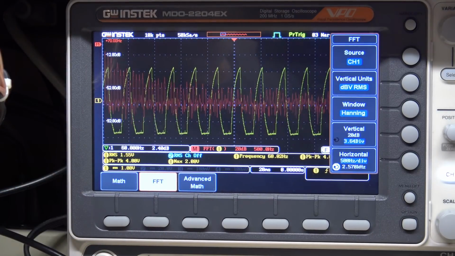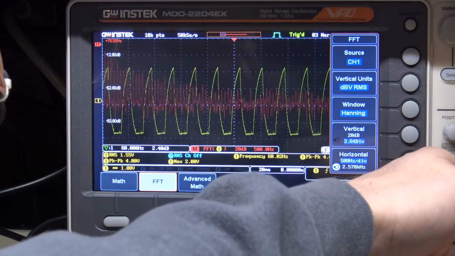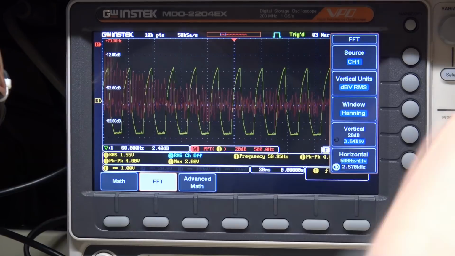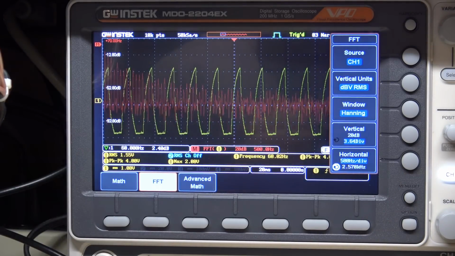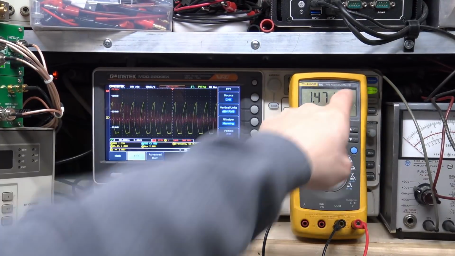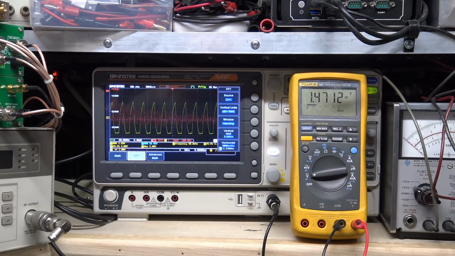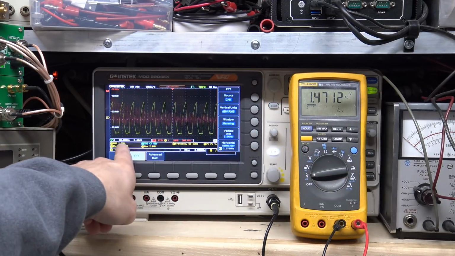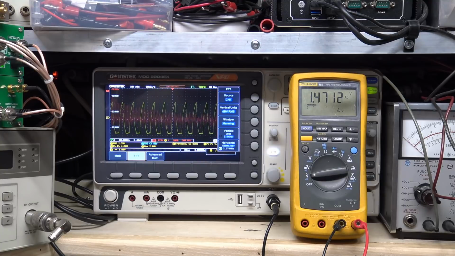And if you look at our meter up here, the stranger the waveform gets, even though this is a true RMS multimeter, and I'm off camera again, the less accurate this is going to be. So you can see these disagree by about 100 millivolts, roughly. 80 millivolts, I should say.